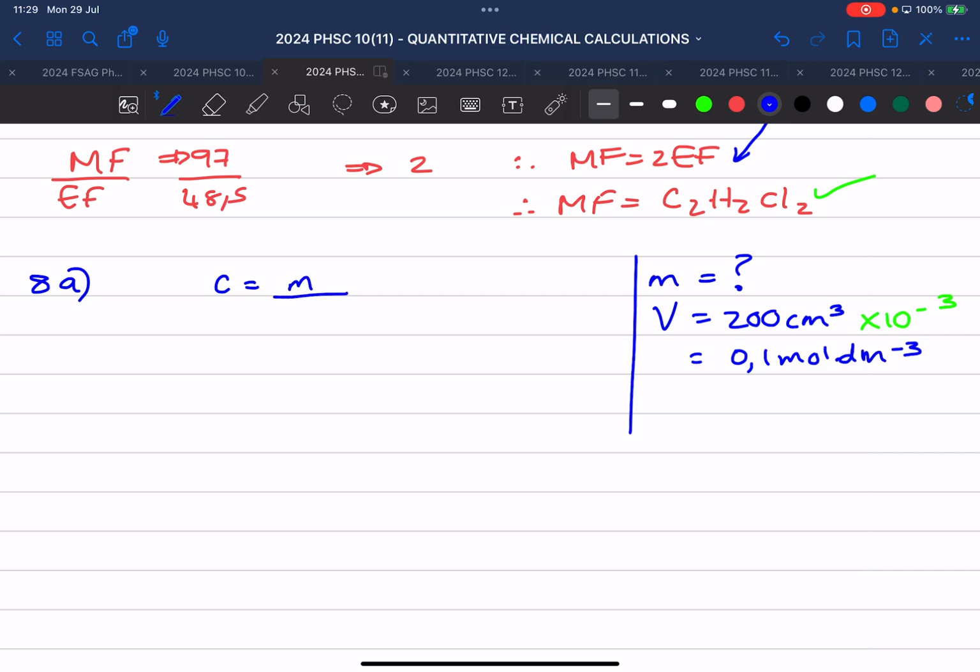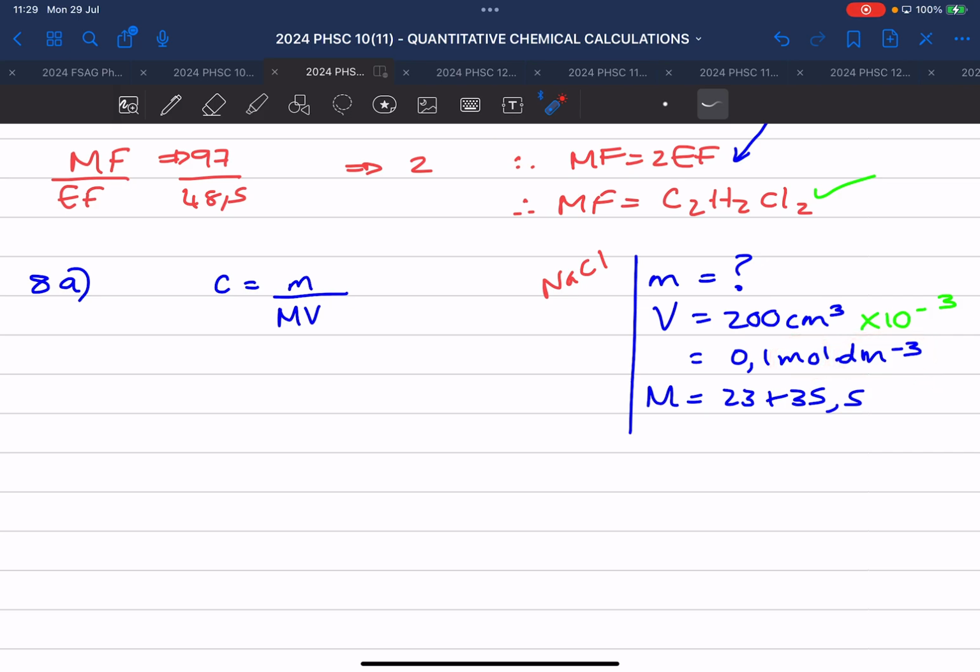Capital M V. What does the capital M stand for? Molar mass. You need to get that. And they say we are talking about sodium chloride. So it's 23 plus 35.5. They're giving us the mole? No. Moles per decimeters cubed.